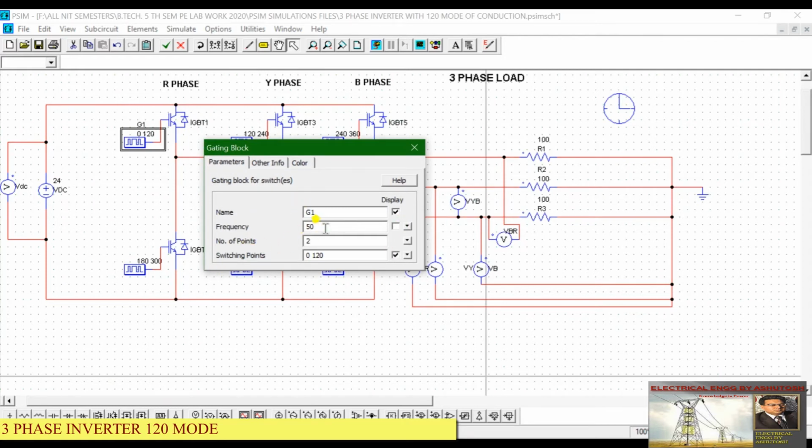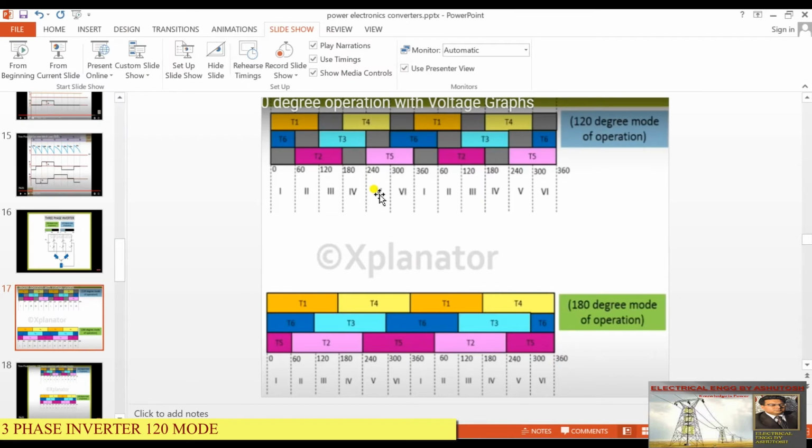The frequency we have used is 50, the number of points is 2, and the switching points are from 0 to 120 degrees. You can also see the switching sequence here: T1 conducts from 0 to 120 degrees. So these are the firing angles, 0 to 120 degrees for the first.